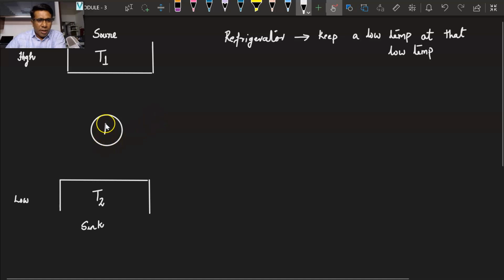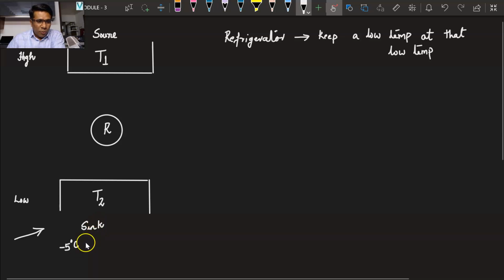I am installing a refrigerator in this particular scenario. Now, if you look at the definition, a refrigerator keeps a low temperature space at that low temperature. That means our focus is going to be on the sink, because the sink is at the low temperature. Suppose the sink is at -5 degrees centigrade. Now that means I want to keep this low temperature space at that low temperature.